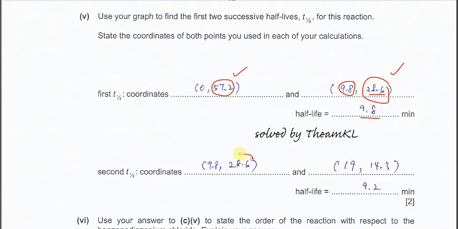For the second half-life, we just continue. We use the same coordinate here, 9.8 and 28.6. Now 28.6 needs to be halved, so half of 28.6 means 14.3.